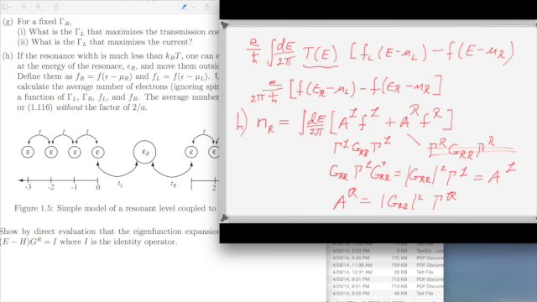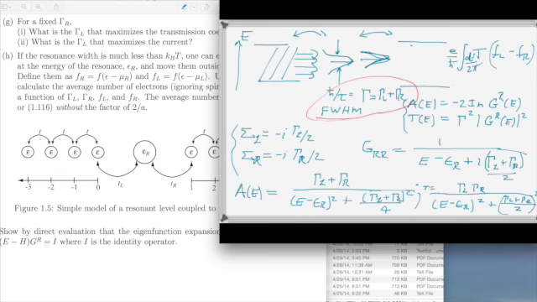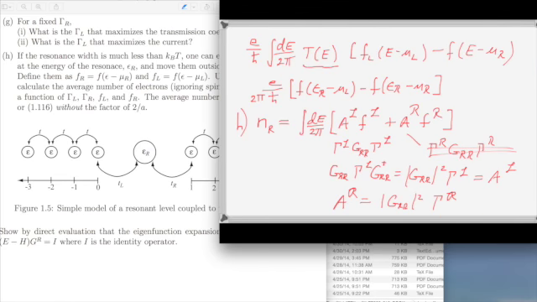And well, we know G, R, R is just this. Here's G, R, R. We've already done G, R, R squared to get T, right? It's just the denominator squared, magnitude squared, times gamma left or gamma right. And the denominator is the same in both of these terms.